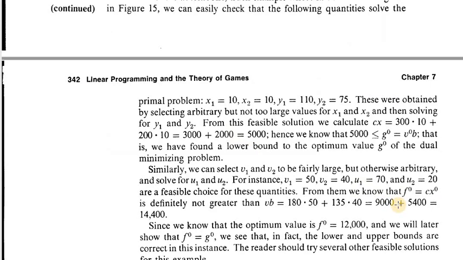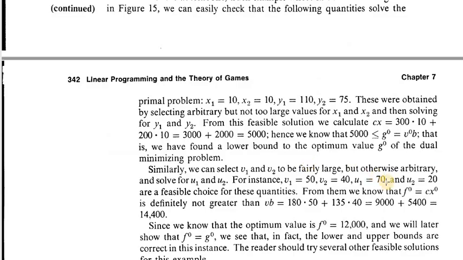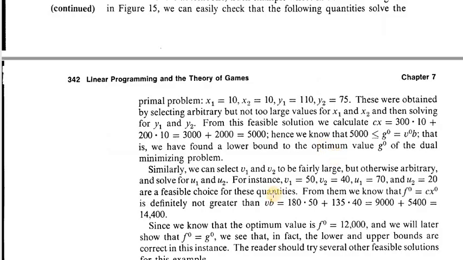And the choice made is that V1 equals 50, V2 equals 40. And if you set V1 equal to 50, V2 equal to 40, you can work out that U1 is 70 and U2 is 20. Right? U1 is determined by the equality of this common column equation. So here we have a solution where V's and U's are all positive.